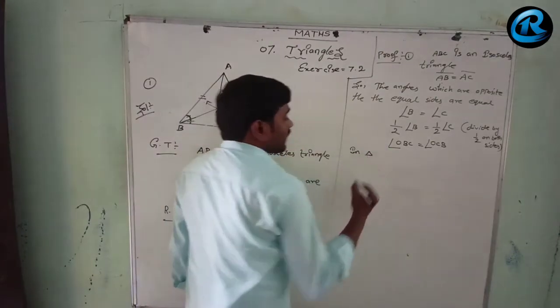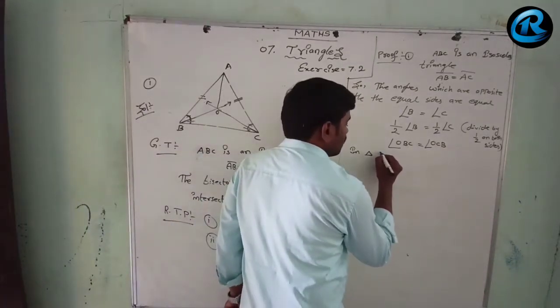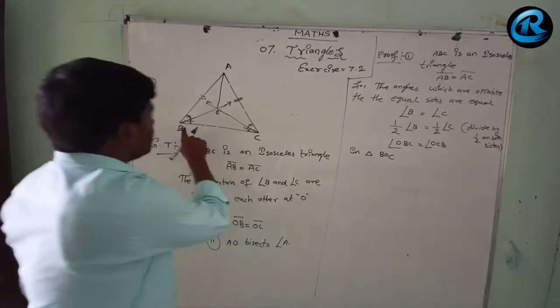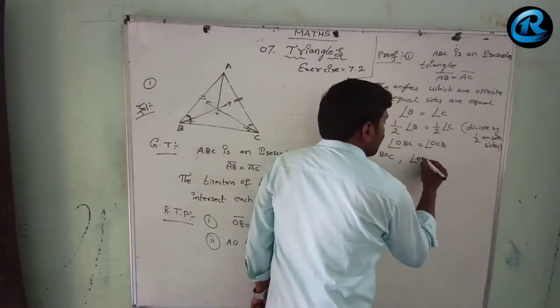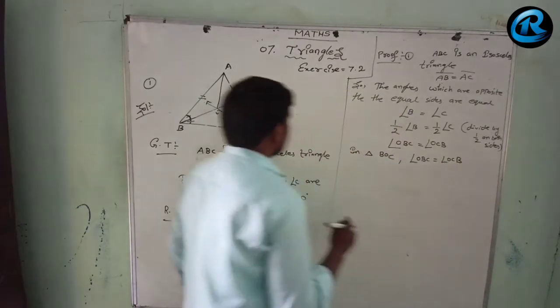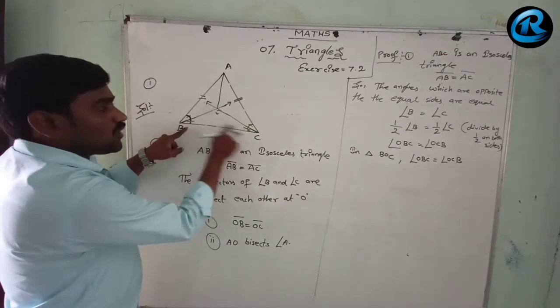In triangle BOC, angle OBC is equal to angle OCB. These two angles are equal.